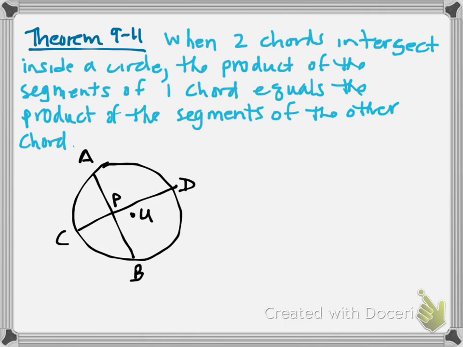So what this is saying is that if I take the segments of one chord and multiply them together, so if I take the length of AP, and I multiply it by the length of PB, I am going to get exactly the same product from the segments multiplied of the other chord. So that means the length of CP times the length of PD. That's what this theorem tells me.